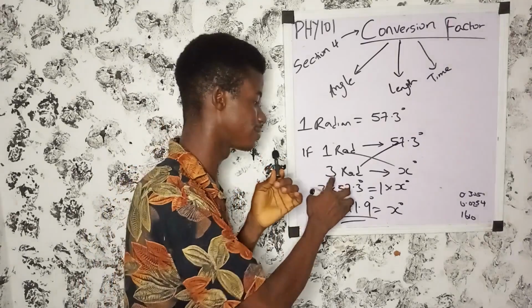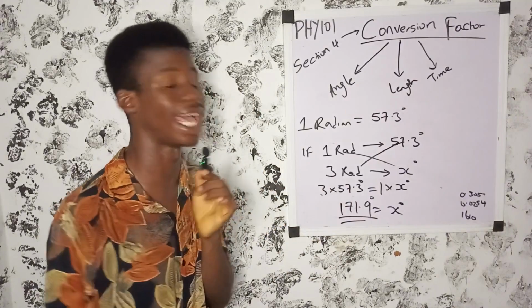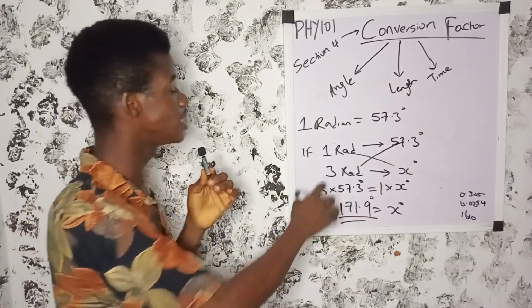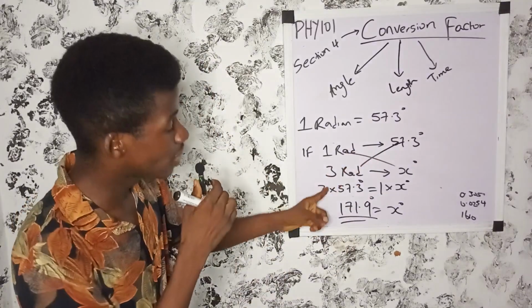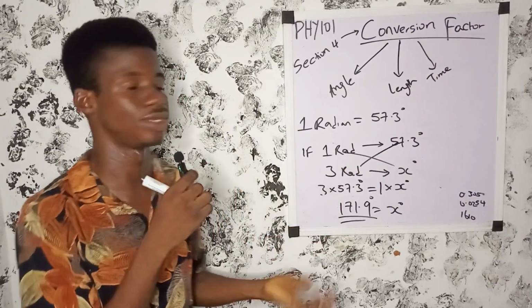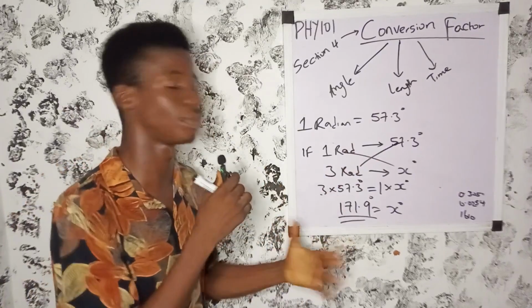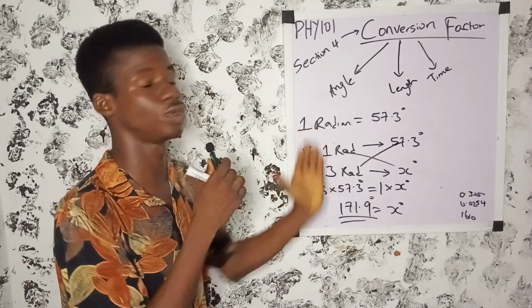So 3 radians is the same thing as 171.9 degrees. That is how to convert from radian to degree.